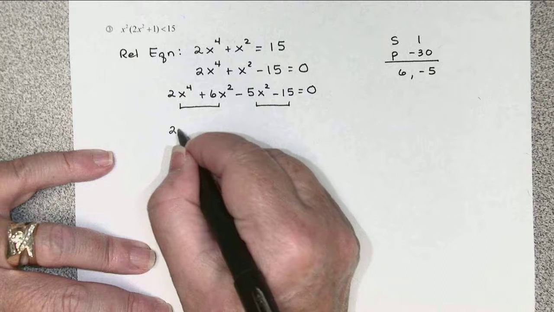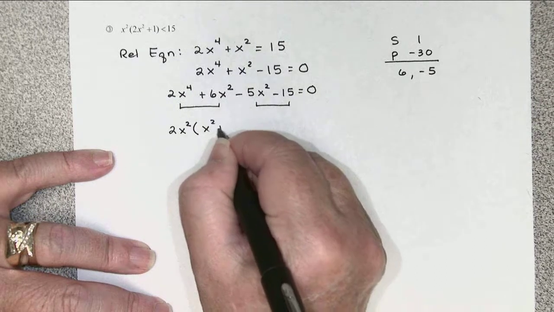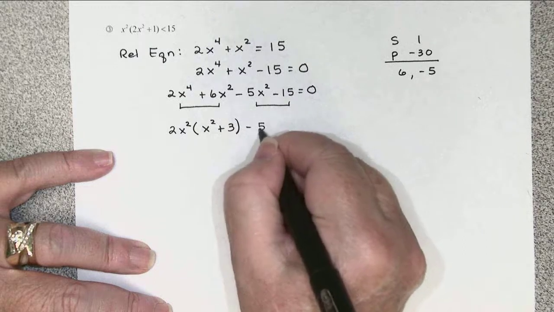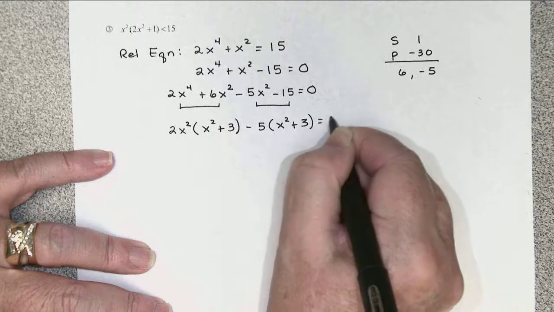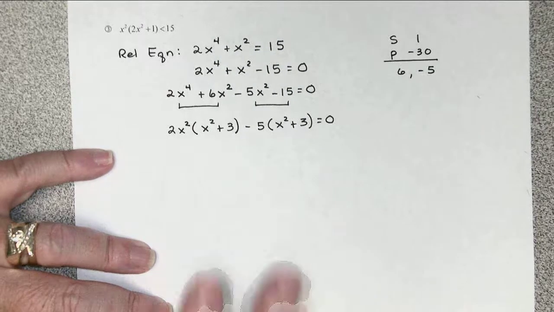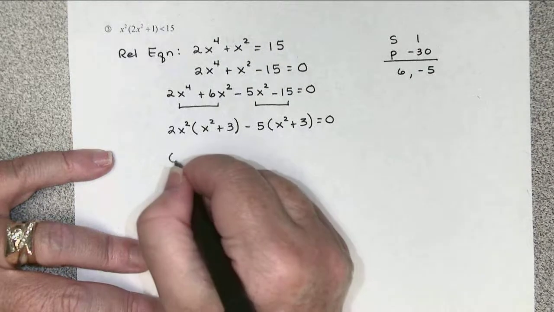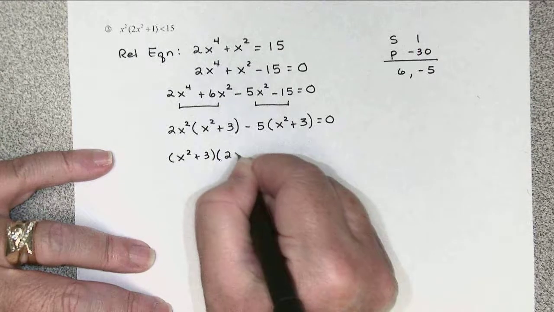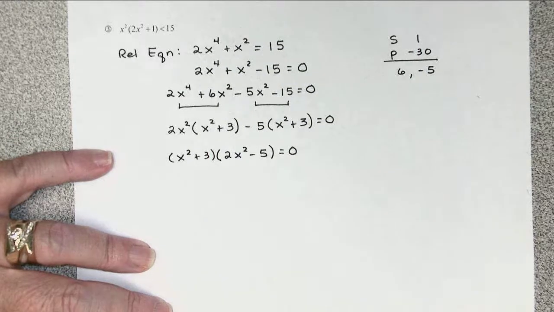I'll factor out a 2x squared, giving me x squared plus 3, and then a negative 5, also giving me x squared plus 3. And this time I do get the match for the common binomial, so I can factor that out. And my other factor will be 2x squared minus 5.